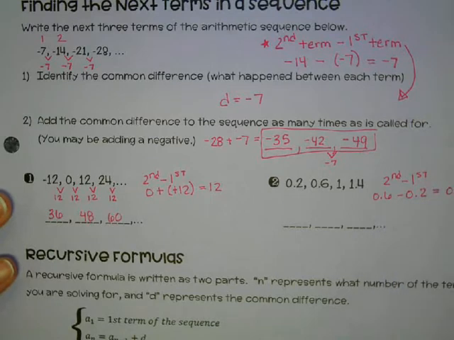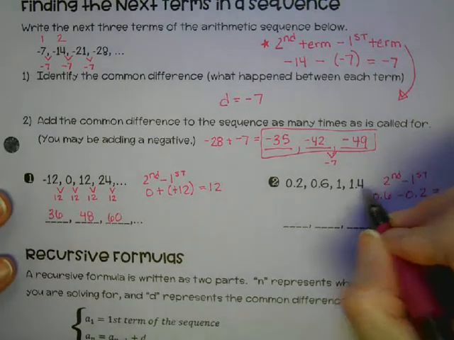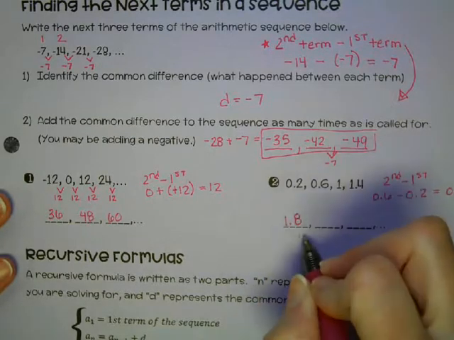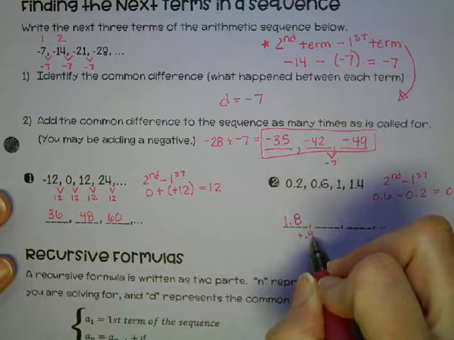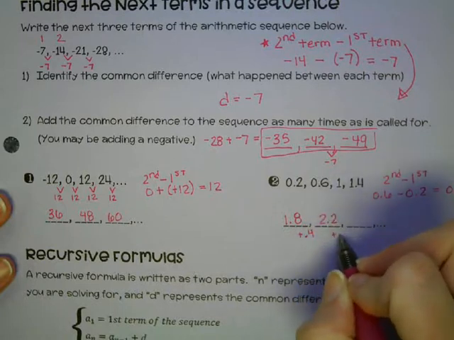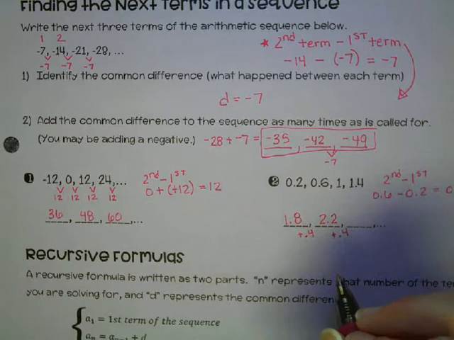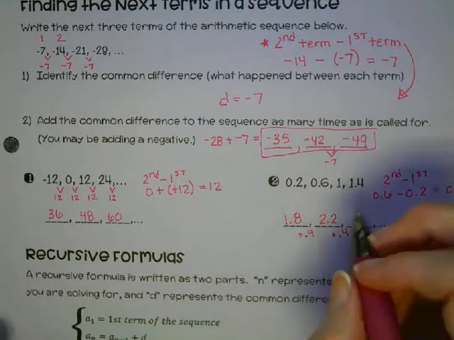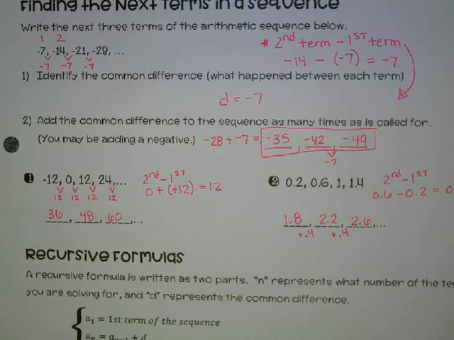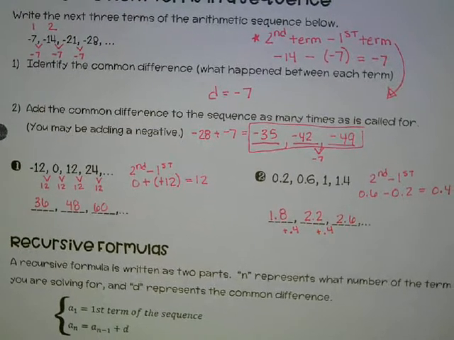So we're going to take 1.4 and add 0.4 to it. So that would be 1.8. Now plus 0.4, that gives us 2.2. Then add 0.4. So that's finding the next three terms in a sequence.